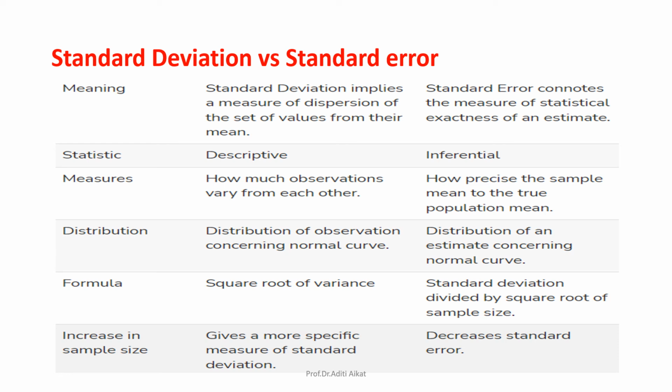Distribution of the observations concerning the normal curve is seen in standard deviation, and distribution of an estimate concerning the normal curve is seen in standard error. The formula for standard deviation is the square root of variance, and standard error is standard deviation divided by the square root of the sample size. If we increase the sample size, it gives a more specific measure of the standard deviation, but it decreases the standard error.